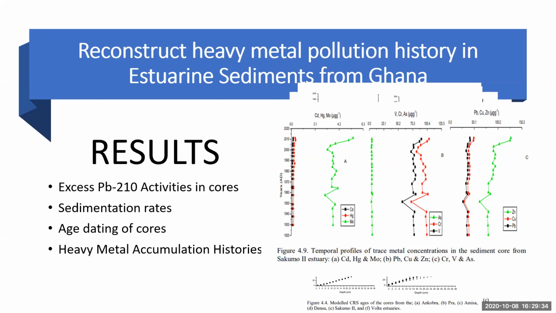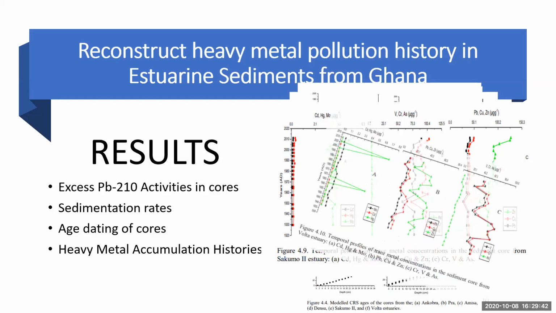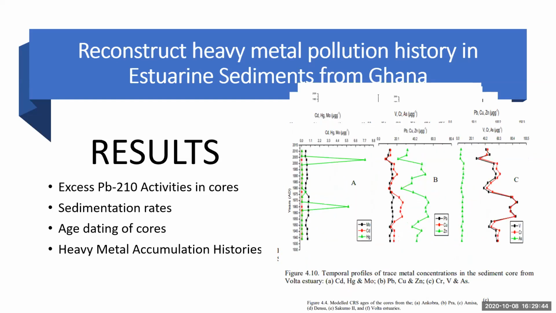And so when you move away from the mining areas, you tend to find high levels of cadmium, lead, and zinc in these areas. And then finally, when you look at the Volta estuary, the Volta estuary was actually one of our cleanest estuaries for this study compared to the other estuaries, because the levels were not that high.